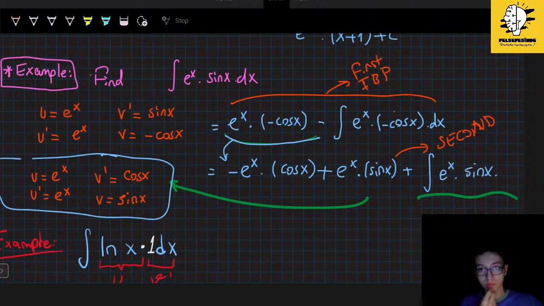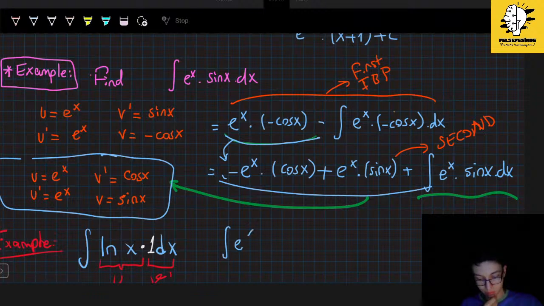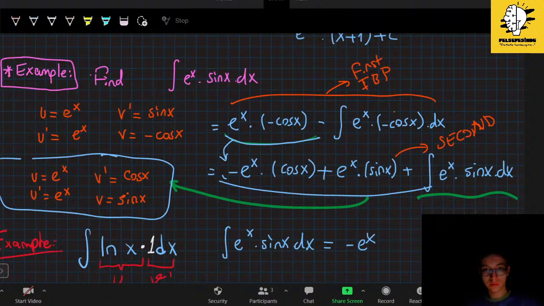But at the end, guys, as you can see, and this whole equation is equal to, let me write it in a clearer way. The integral of e^x sine x dx is equal to, actually, cosine x times e^x sine x, and we have the integration left. Plus, it is minus, sorry.